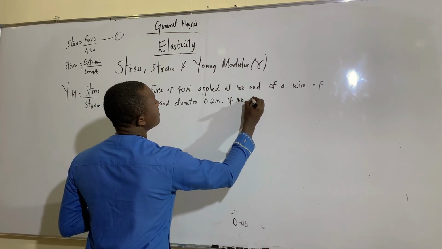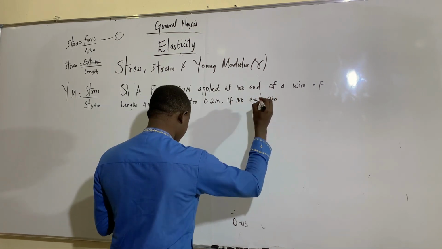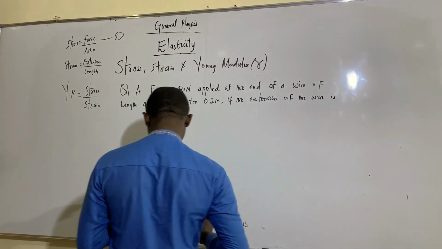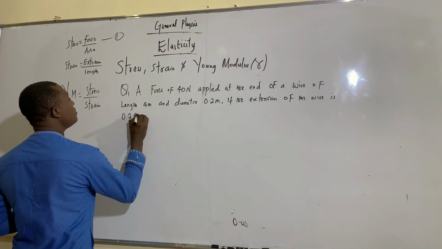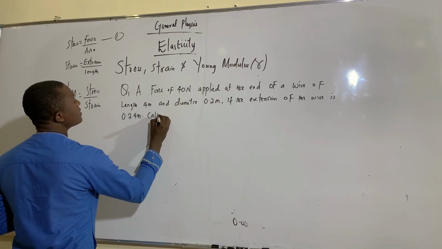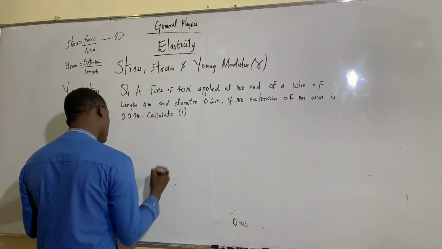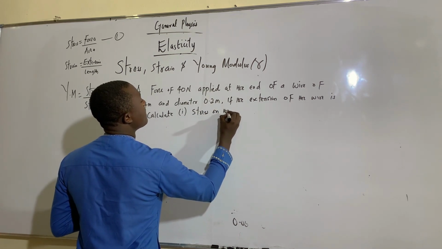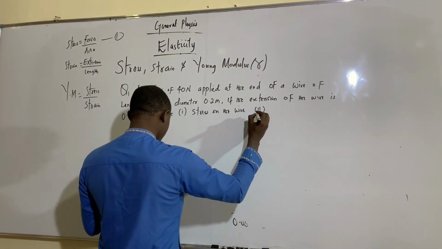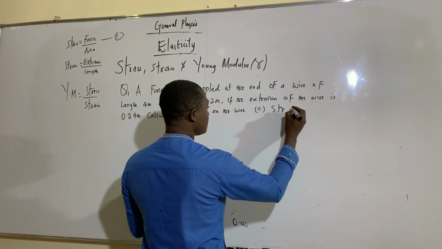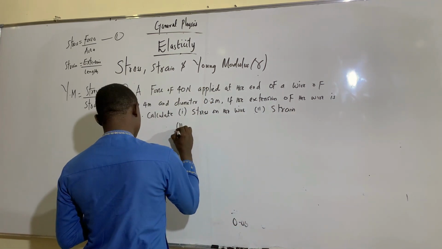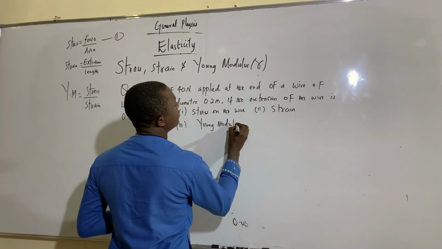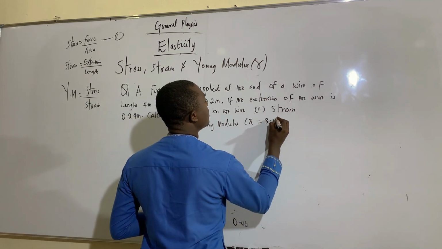If the extension of the wire is 0.24 meter, calculate figure 1, stress on the wire, figure 2, strain on the wire, then figure 3, Young modulus. Given to take pi to be 3.14.